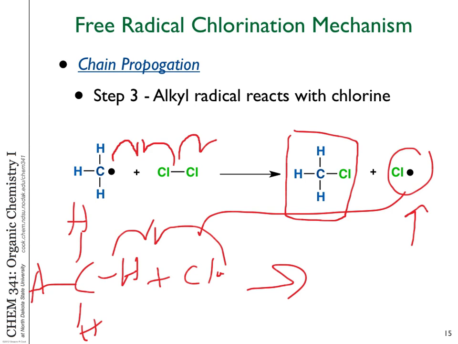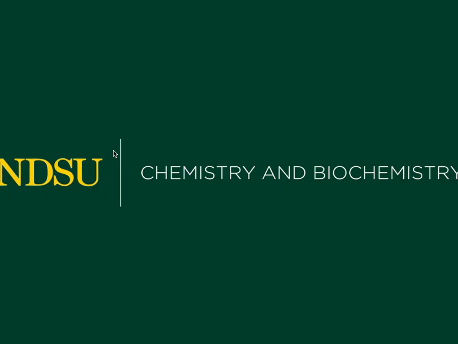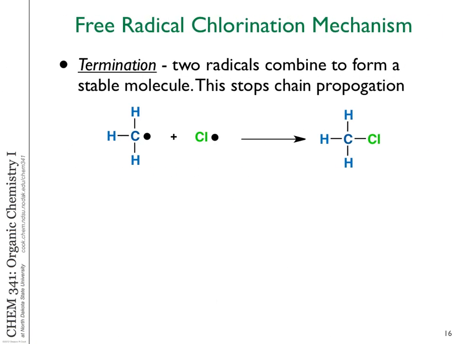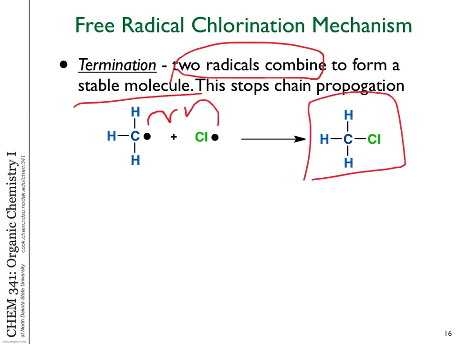But it doesn't, because once you start generating free radicals, there are chain termination steps which occur when you have two radical species combining to form a stable molecule. That doesn't generate something that's still reactive. So, for example, if you just combine the carbon radical plus a chlorine radical, you get chloromethane, and nothing can go further.